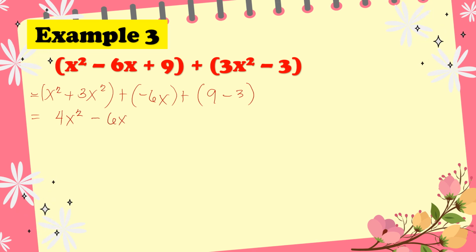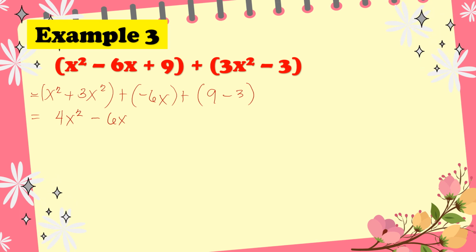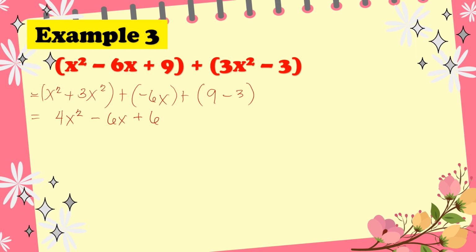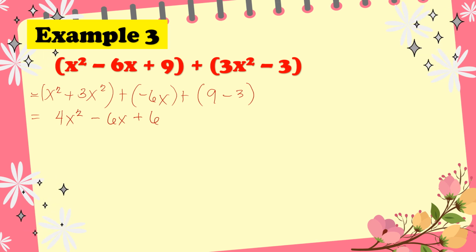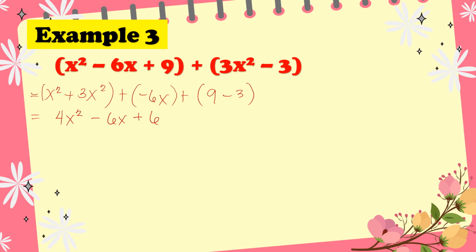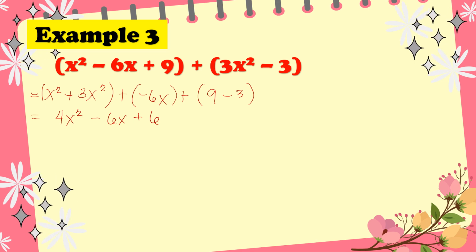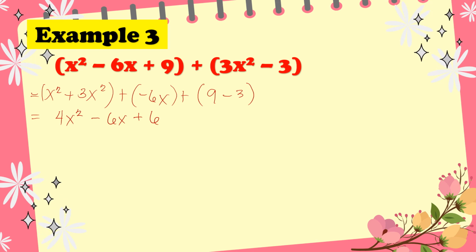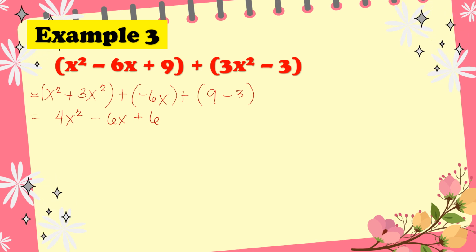Tapos, isimplify natin yung nandito sa dulong grupo, 9 minus 3. 9 minus 3 is 6, that would be plus 6. So, when you add x squared minus 6x plus 9 to the quantity 3x squared minus 3, the answer is 4x squared minus 6x plus 6. So, gawin naman natin siya sa vertical addition.